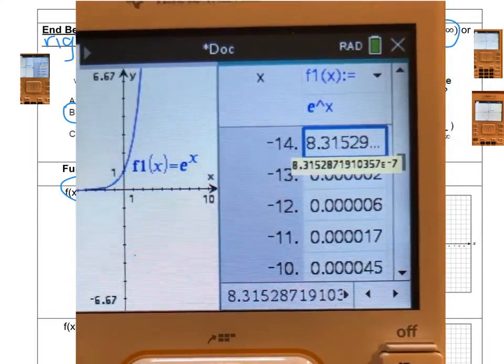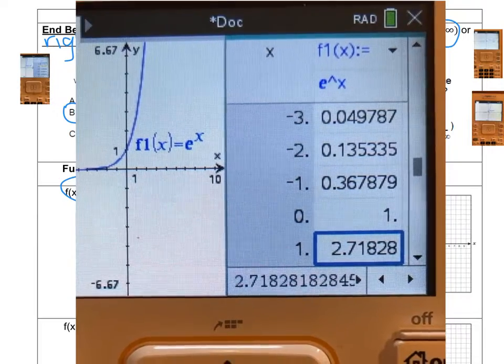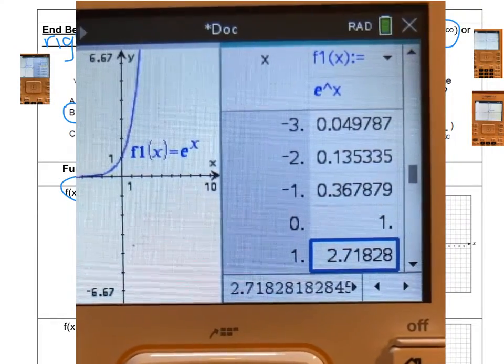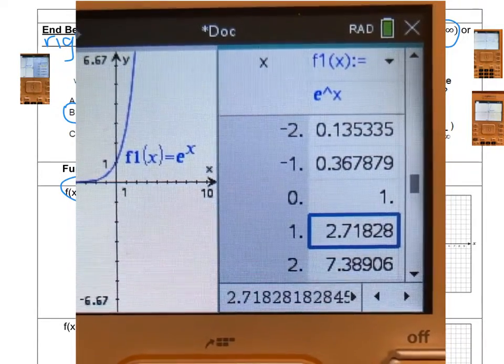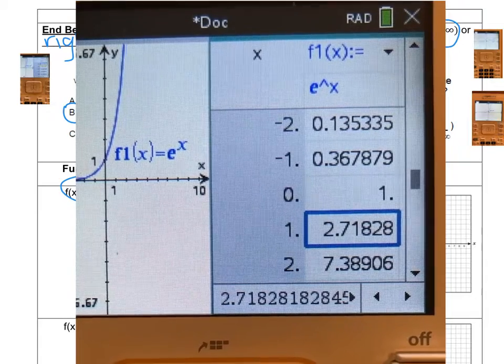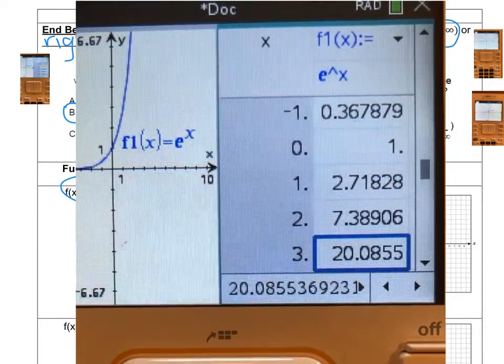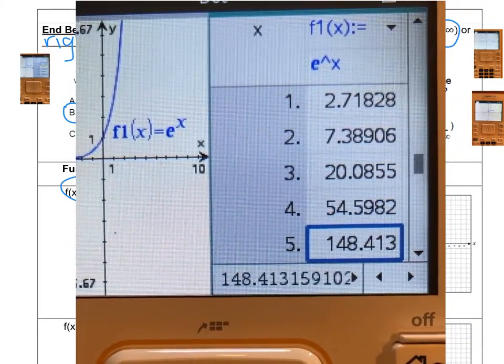Now for the right side of the graph, we want to scroll all the way down to +1, and we're going to keep going to the positive x's because our x's are approaching positive infinity. So I have 1 for my x, and my y is at 2.7. And then let's go all the way down to 5. I get 148.4.